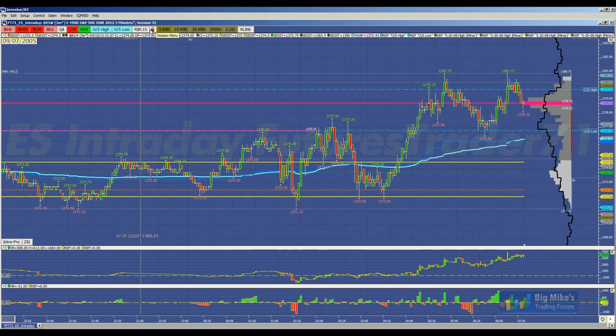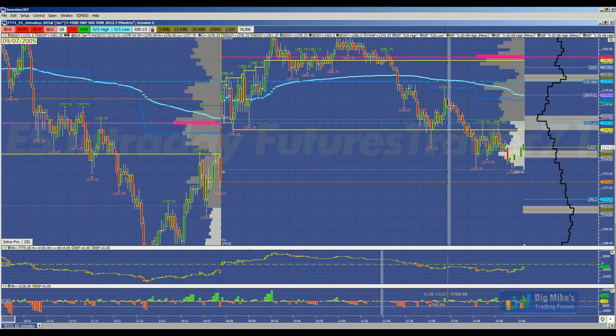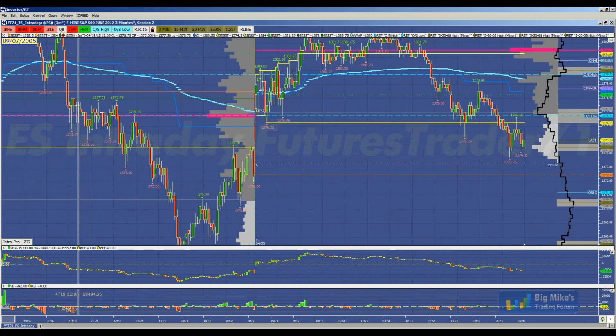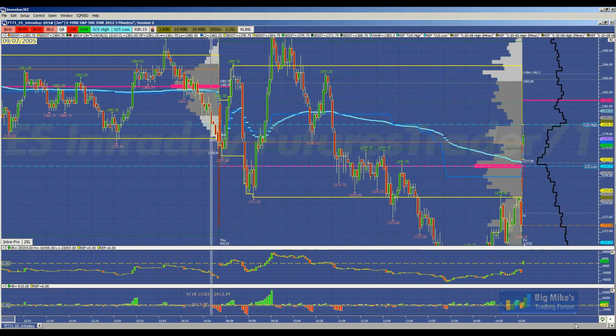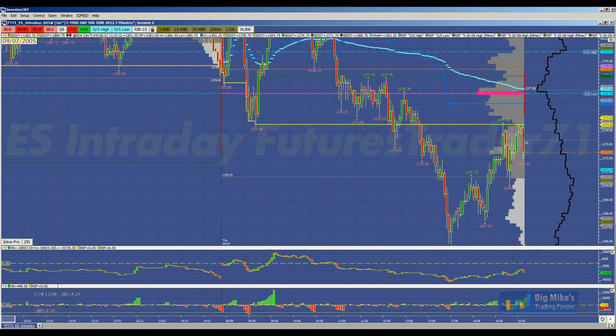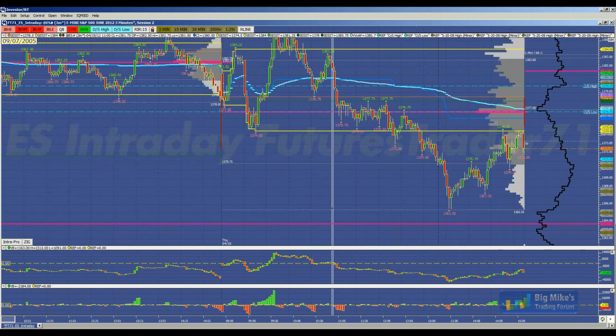We're going to look at the day session only. So from the day session only, let's forget about Friday and look at Thursday coming into Friday. So Thursday, we had this kind of a trade.